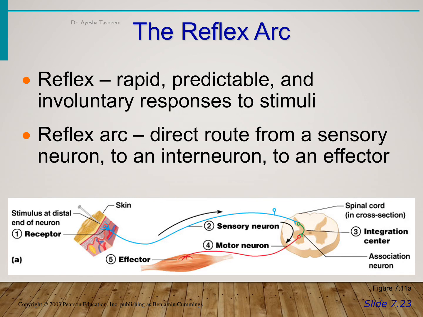The change was in the form of a prick by a pin that you can see, that is perceived by this blue neuron, a sensory neuron, and it goes to the spinal cord, and from there an interneuron connects the sensory neuron to the motor neuron, and then this motor neuron affects the muscle, that is the effector organ. This is the smallest pathway.